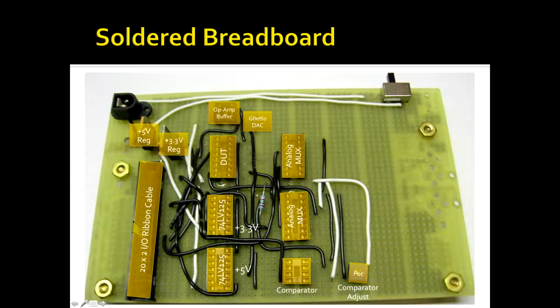I use this board for both voltage and clock glitching, and it has what I call a ghetto DAC, which is basically you provide a PWM, a varying duty cycle signal of how much on time to off time, into a low pass filter, and the output of that low pass filter will be a steady 0 to 5 volt range DC voltage based on the pulse width of the signal coming in. So it's just an easy way for a microcontroller or FPGA to send a PWM signal and end up getting a varying voltage, rather than having a real digital to analog chip that does that in its own way.